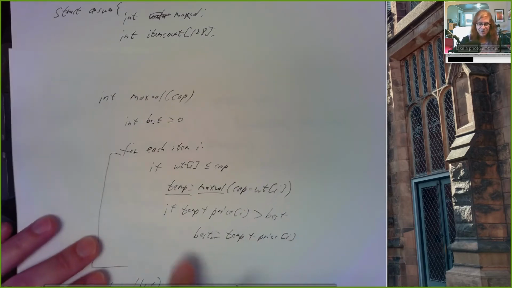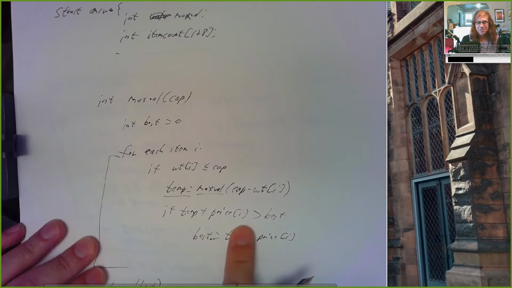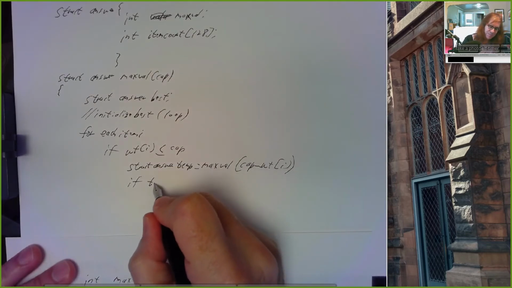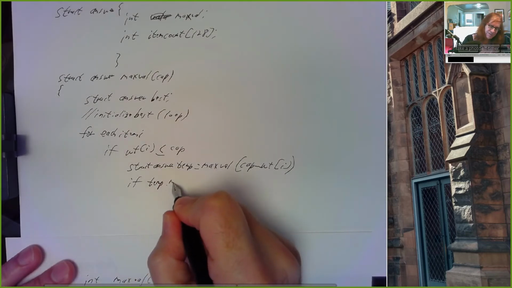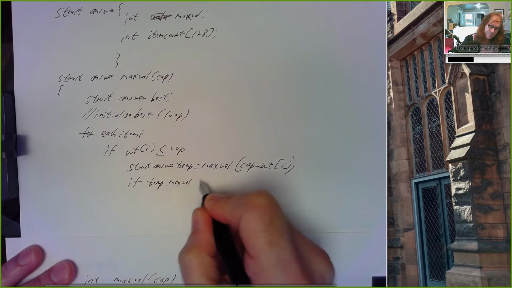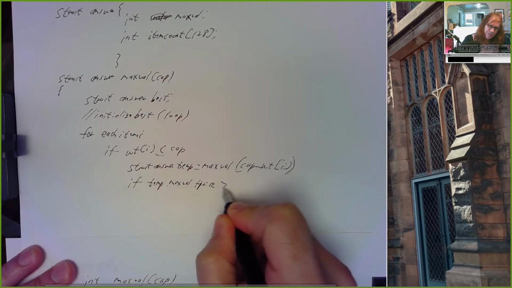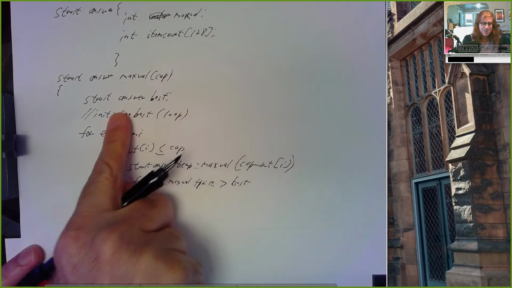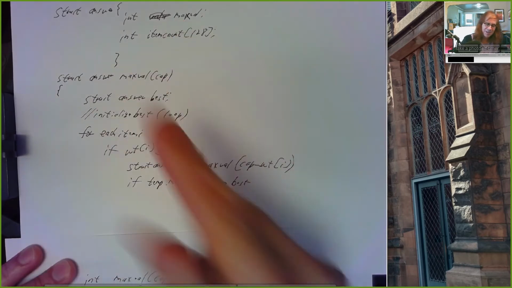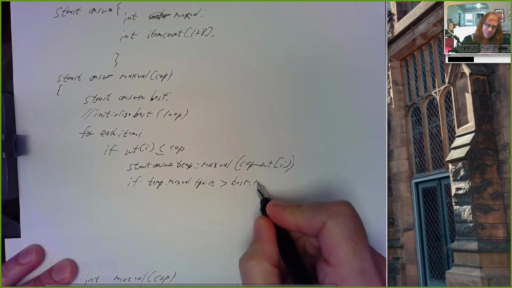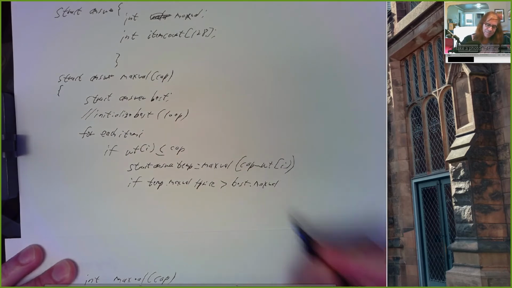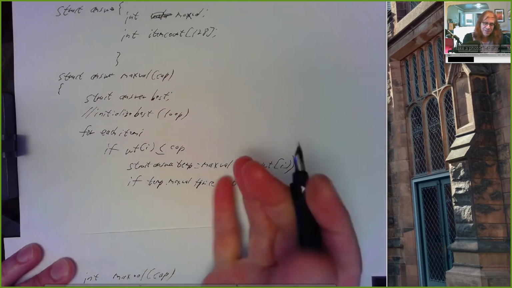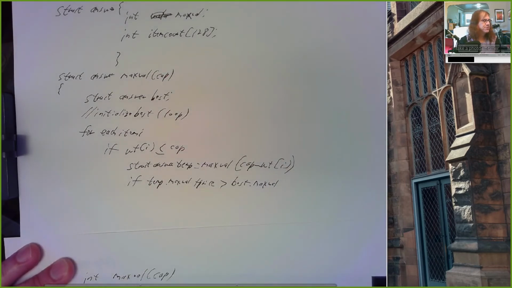And then, we want to know if the maximum value we got plus the price is better than our best price. So if temp dot maxval plus price is bigger than our best answer so far, which is a structure, but we're interested in the maxval piece, so better than best maxval. If that's the case, we want to save this solution as our current best solution.